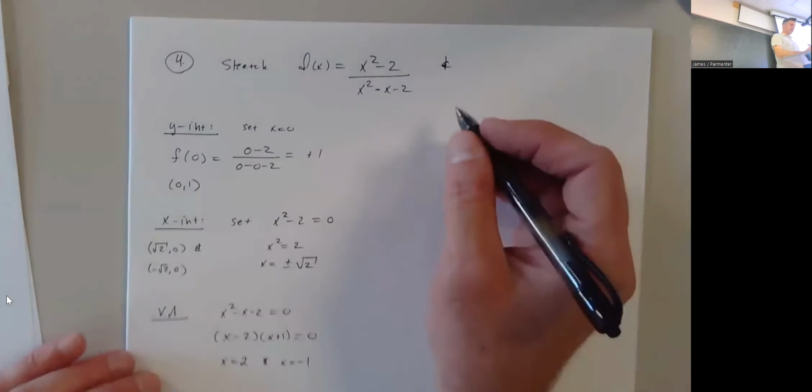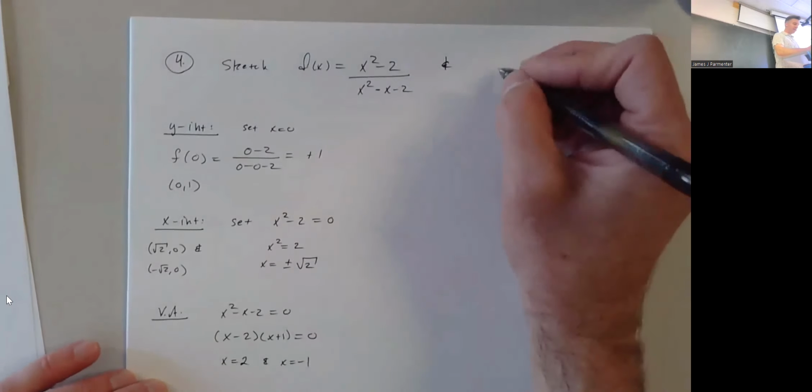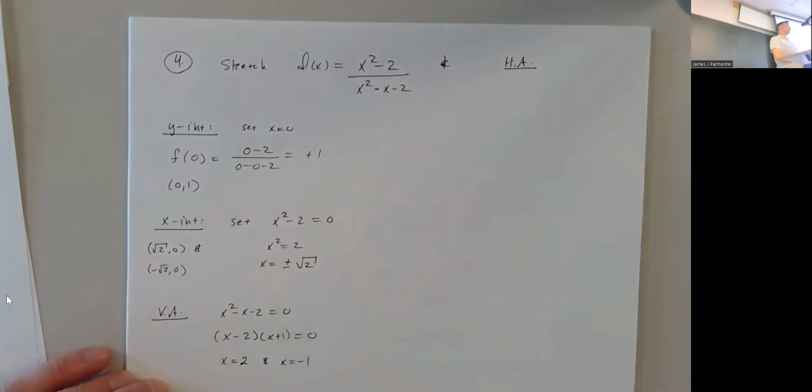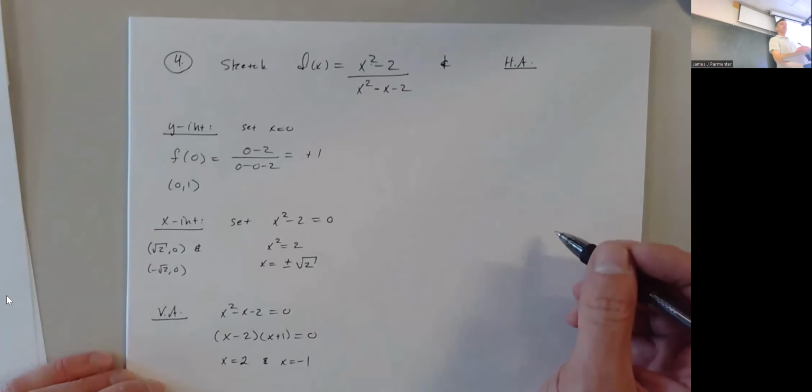And then if you're finding a horizontal asymptote, what kind of work are you expected to show? Are you expected to take the limit as x goes to infinity, or are you just expected to look at the degrees and the coefficients? Okay, so the degree on top and the degree on the bottom are both what? 2.